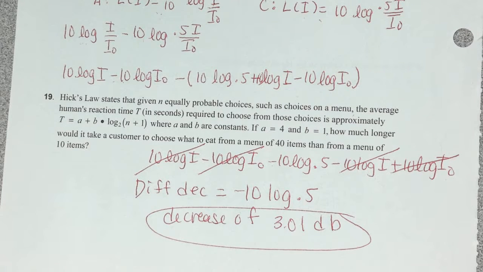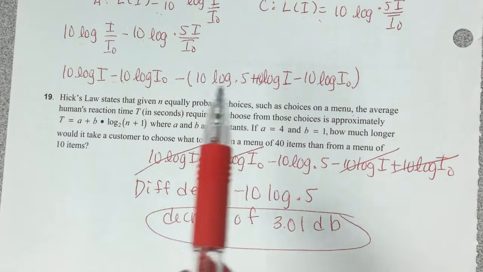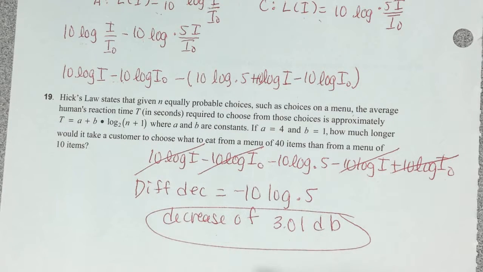Okay? So even though the intensity is half the amount, the difference in the decibels is only 3 decibels. And that's what's confusing about decibels, is it doesn't really follow the same kind of rules as normal arithmetic does, and that's because it's based on exponents and logs, so it's going to work a little differently.